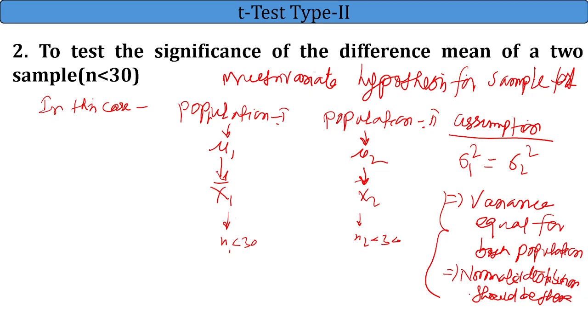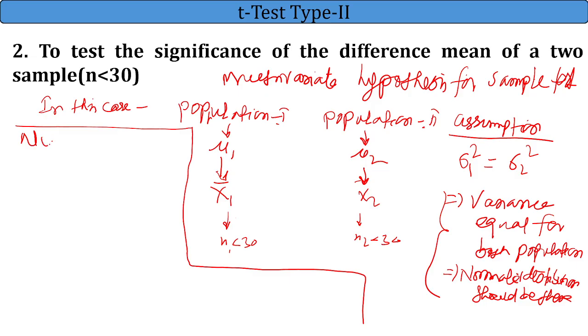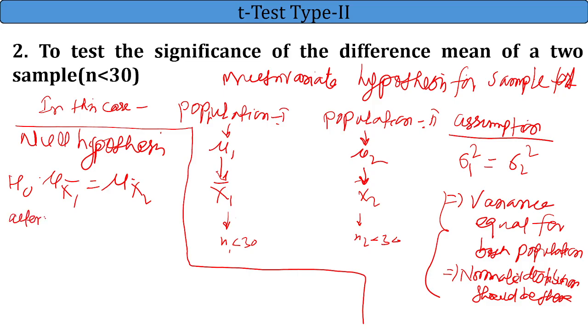For this case, what will be the null hypothesis? In this case, it's mu of x1 is equal to mu of x2. What will be the alternate hypothesis?